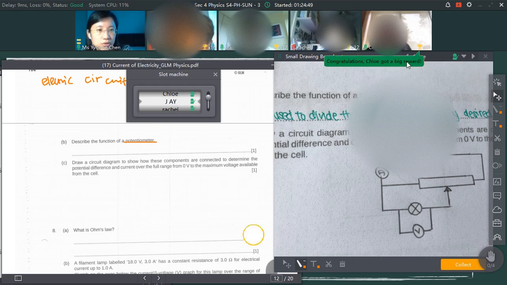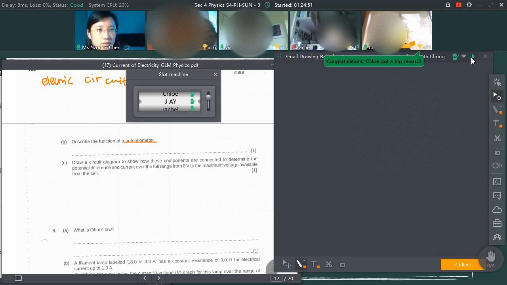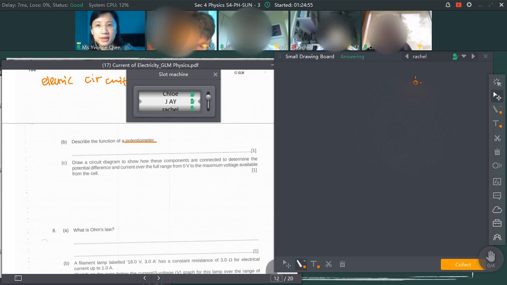Perfect, Chloe did a good job. The rest of you, please take a photo and upload your diagram for question 7, part C.